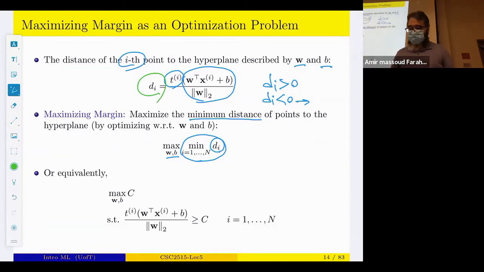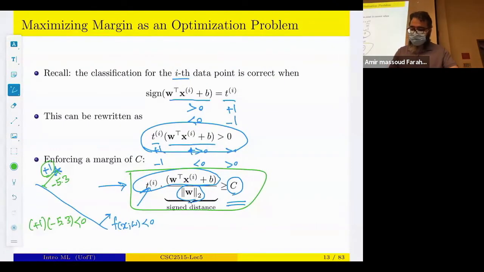So in your formula, you have the sign of W transpose x_i plus b equals t_i. That's the classification, not the target. The classification is correct when what the classifier is saying is the same as what the target is supposed to be.